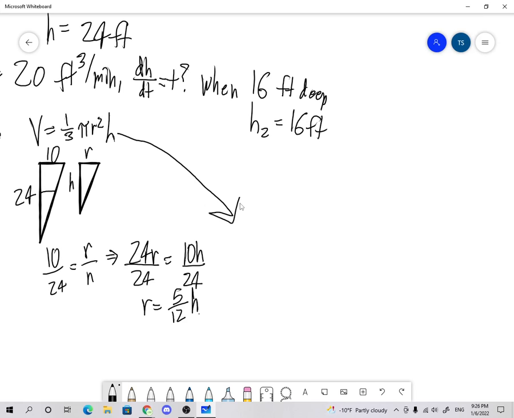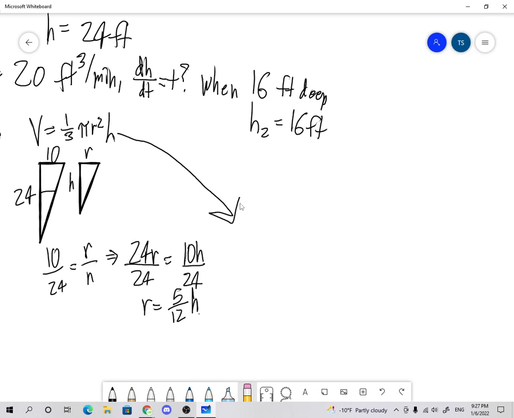Okay. So now, I'm going to take this volume equation, and I'm going to put it in terms of derivatives. I'm going to implicitly differentiate it. So first and foremost, I'm going to plug in this r value, just because I want everything to be in terms of h, not r. This is because if I were to do it with r, I would get dV/dt is equal to, and I don't even want to do this just because that involves me having to do product rule here, but I would end up having dr/dt, and we don't know dr/dt.